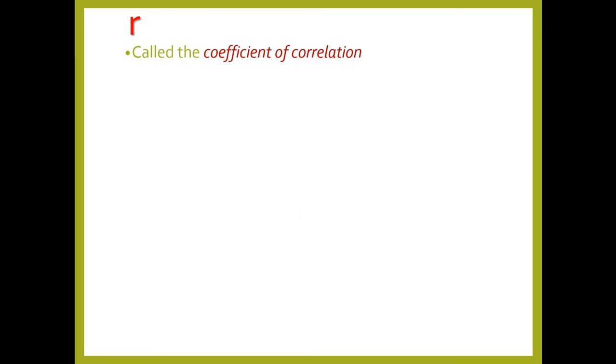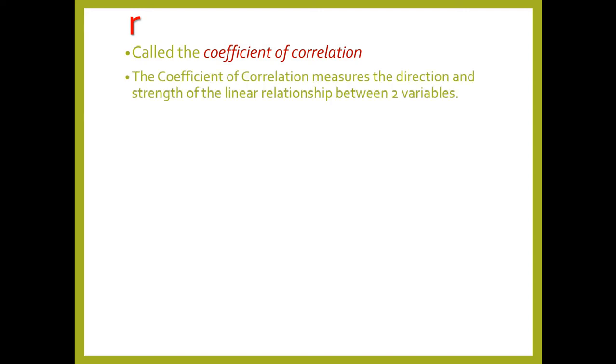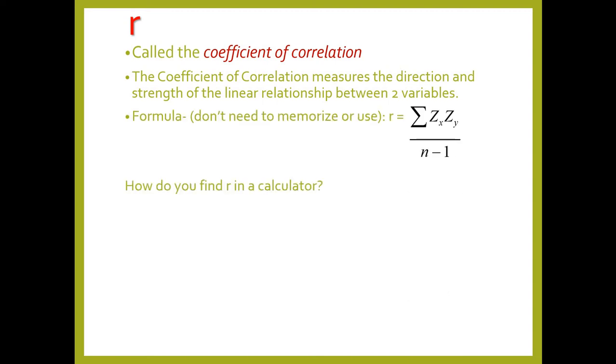All right, so what's this R I've been talking about so much? It's called the coefficient of correlation, and it tells you how strong your correlation is. Here is the formula for it. You're never going to have to do it by hand, but you can see it takes the standardized z value for an x, the standardized z value for the y, and divides it by n minus 1 like standard deviation does.